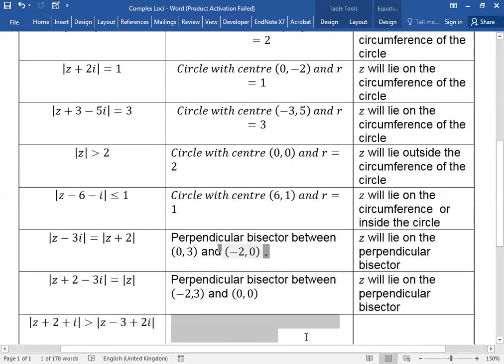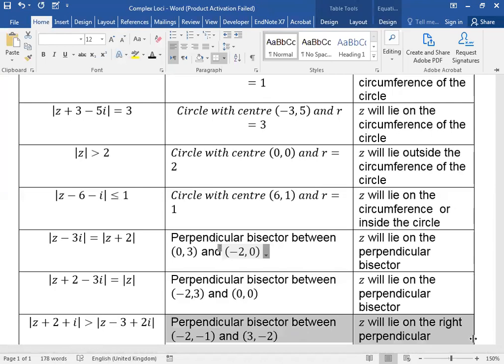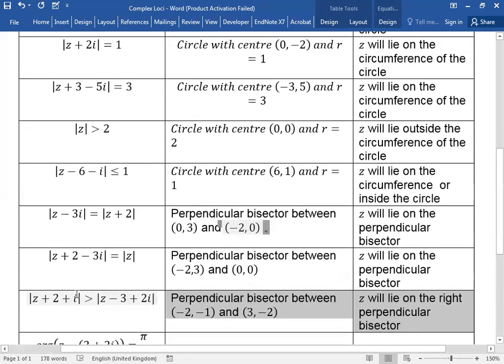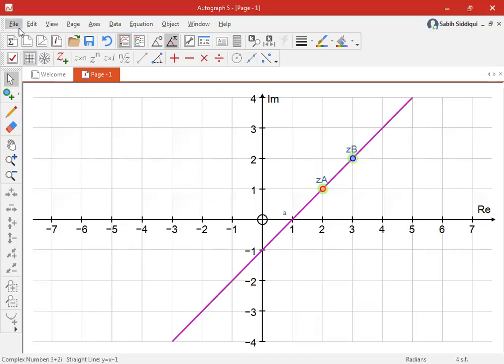But where will you say your z lies? Its distance from -2 minus iota is greater than its distance from 3 plus 2 iota. I'll show it to you. Let's understand both the points: (-2, -1) and (3, -2).